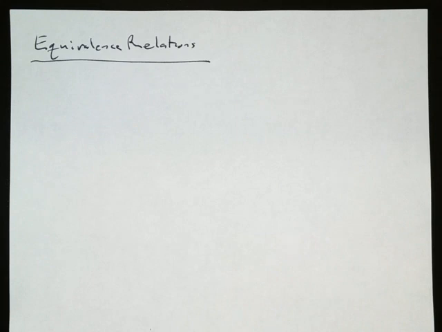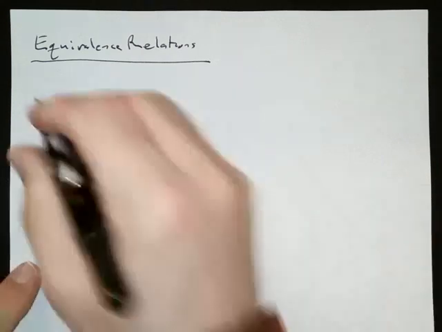So the consequences of our properties on relations are most manifest when we look at something called an equivalence relation.